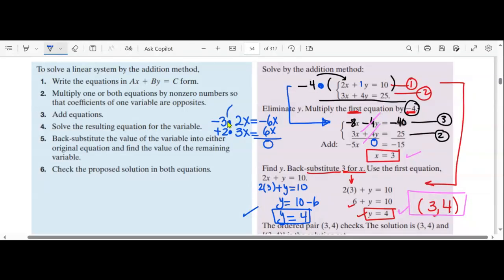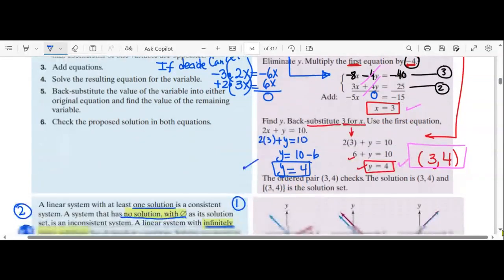So you need to multiply the whole thing times what? Negative 3, and the second equation times 2, if you decide to cancel x. That's the only way to do this, okay? But that's another way to solve it, okay?